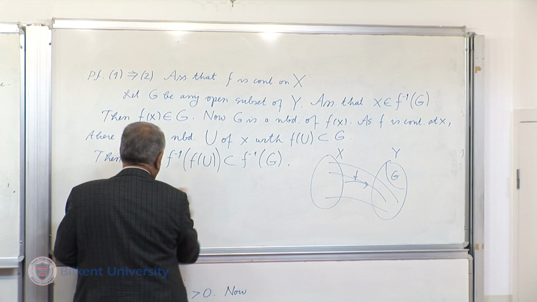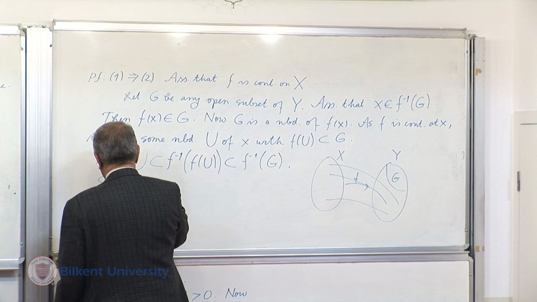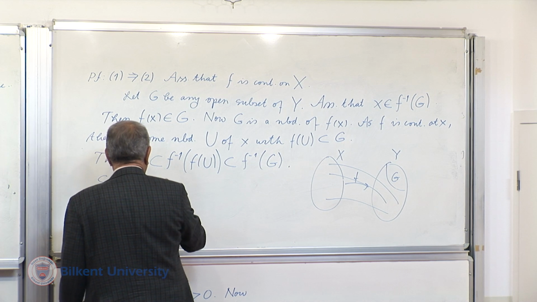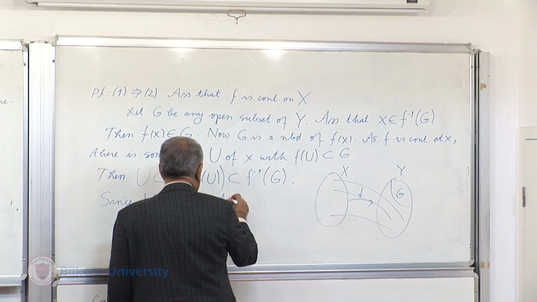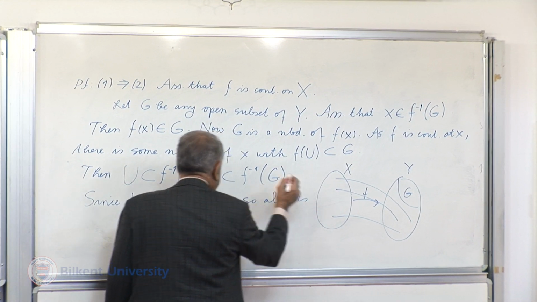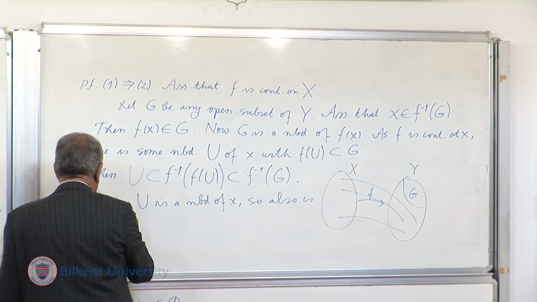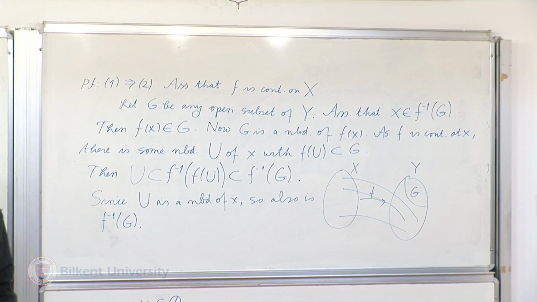Since U is a neighborhood of x, so also is f inverse of G. Does that complete the proof?